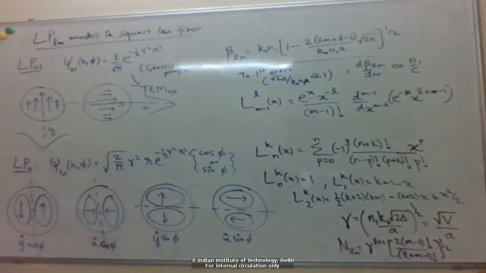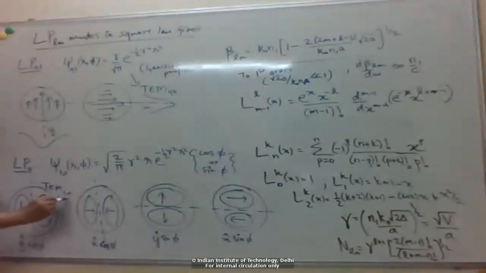Okay, so again recall the TEM modes. You can see that now you have a 0 along the x equal to 0 line, right? So this is x equal to 0, and this looks like the TEM 10, these two modes.